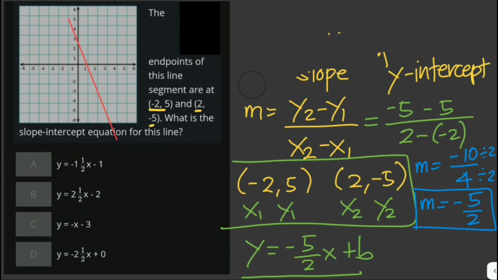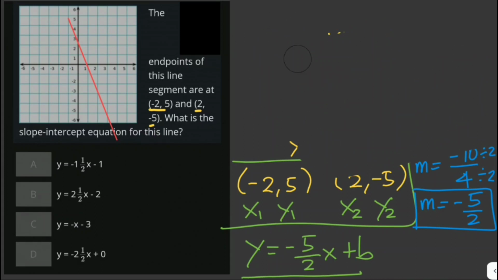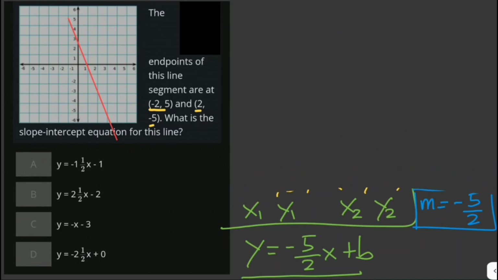So let's say we choose the first point, -2, 5.